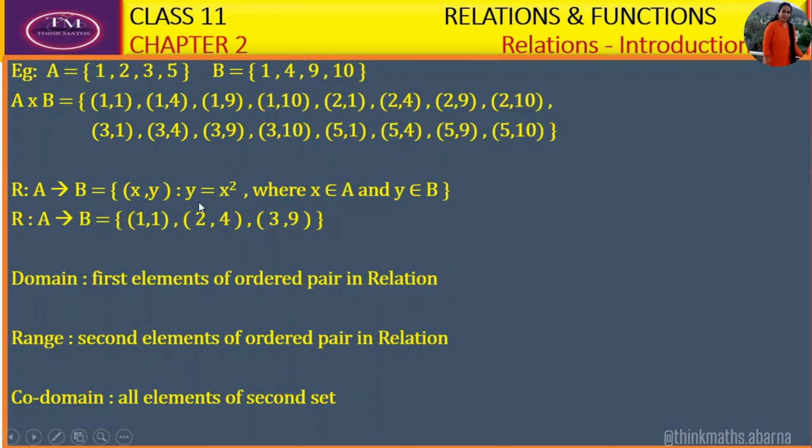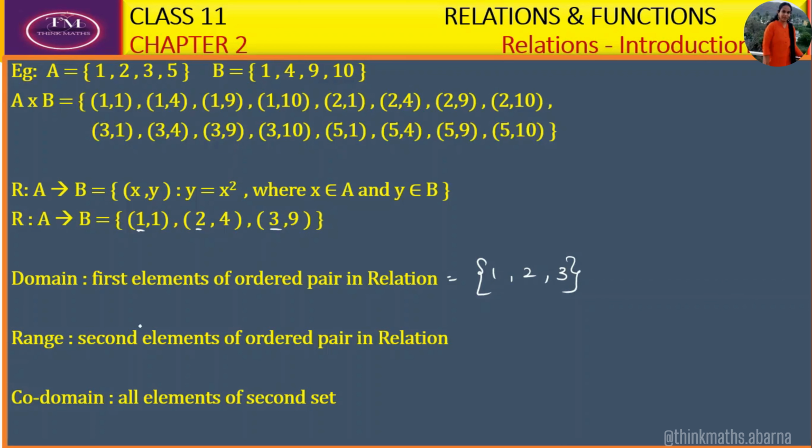We have to take the first elements of these ordered pairs. So the domain is, what are the first elements? 1, 2, 3. So this is the domain.